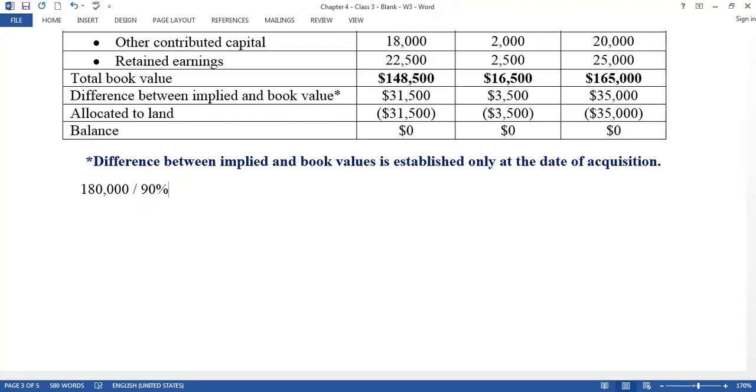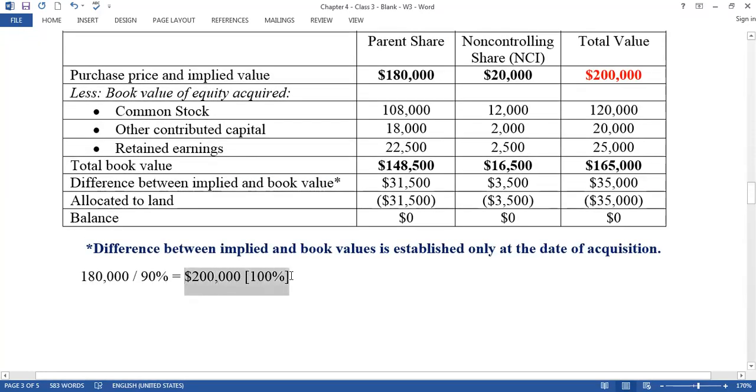For 90%, right? So equal, we are going to get $200,000, and this is 100%. So $200,000 is the 100% value of this company.